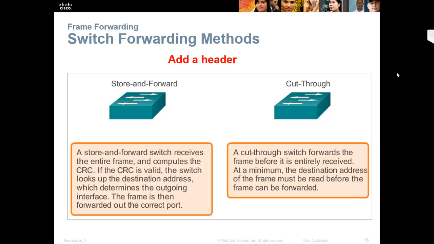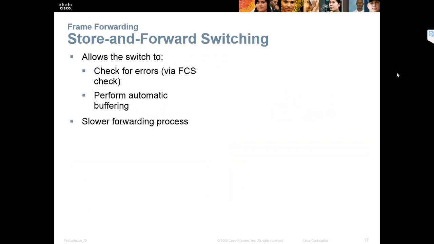The minus, however, is that cut through can send bad data, because if it receives a bad packet, but the destination address, the first part of the frame was okay, the destination and the source, it's going to send it on. It doesn't care that it's good or bad, because it's not going to compute this CRC on it to determine that it's good or bad. So store and forward allows us to check for errors and perform automatic buffering, but it's slower.